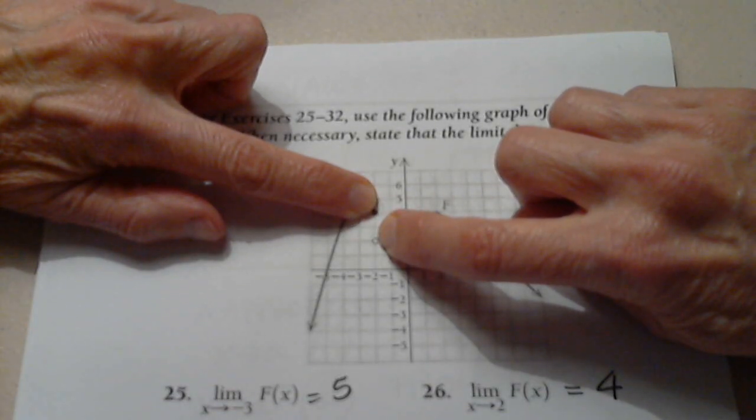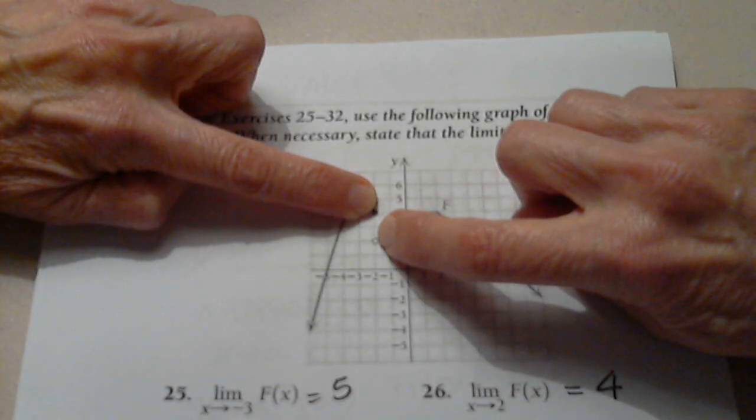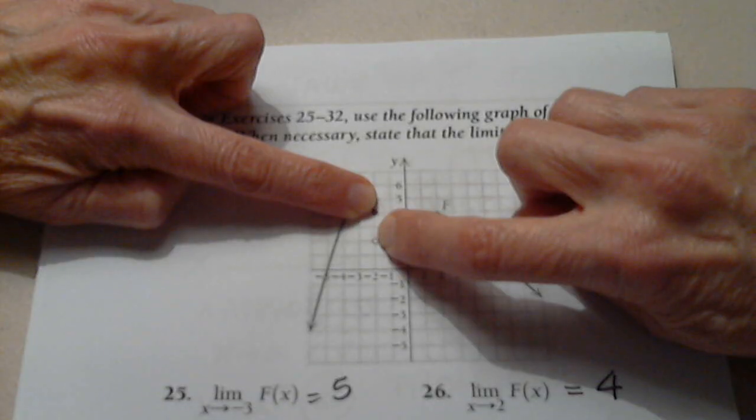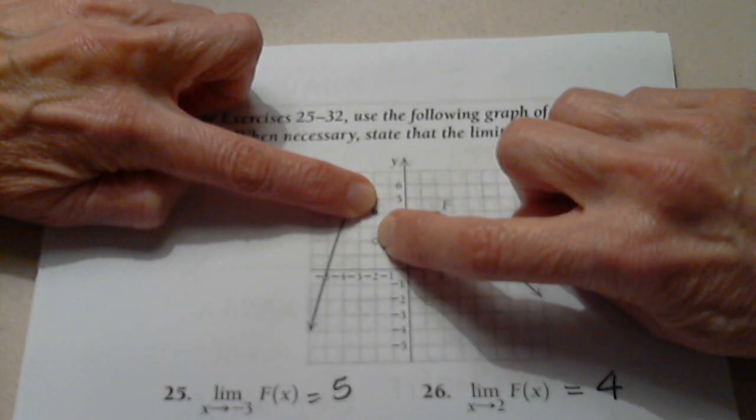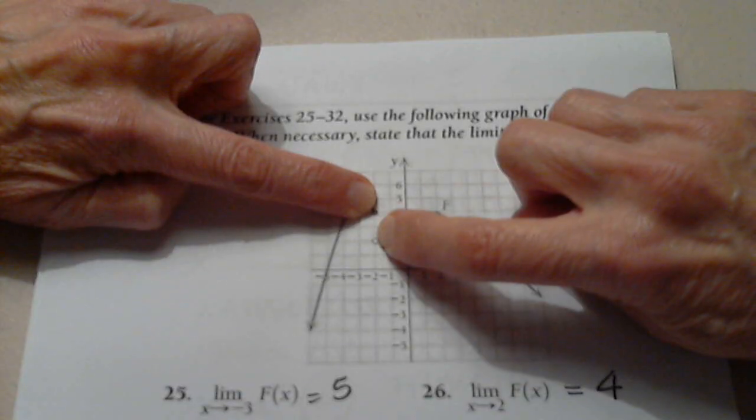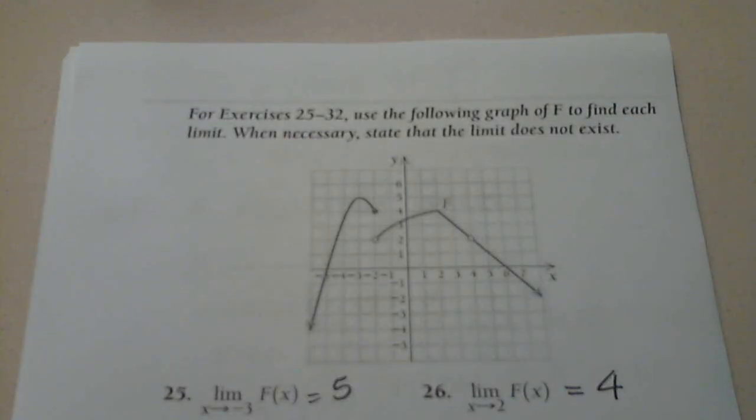The unique number that the function targets. Is there one? Can you say anything? No. No, you cannot. Because there is no one unique number from either side.